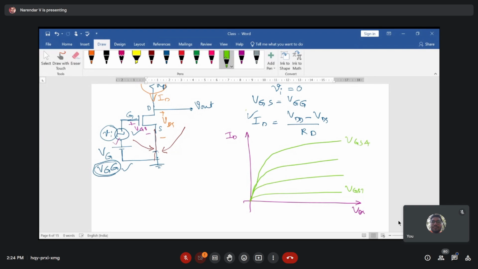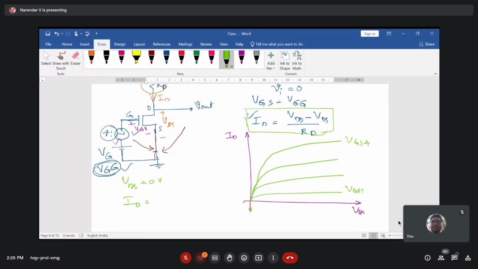Now from this DC analysis, what you can notice here is that ID is equivalent to VDD minus VDS by RD, right? Consider VDS equal to 0 volts. Then what is your ID current? Drain to source voltage is equivalent to 0.